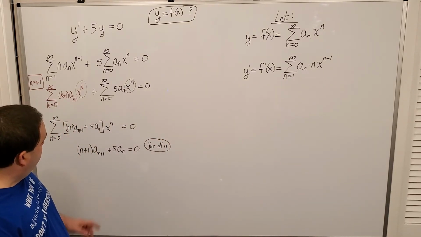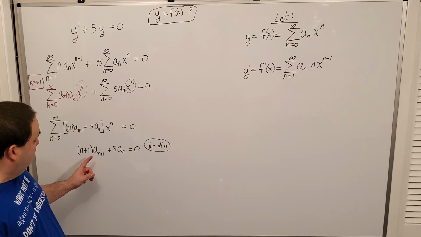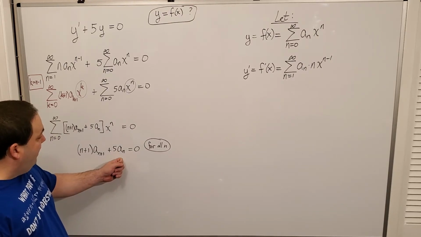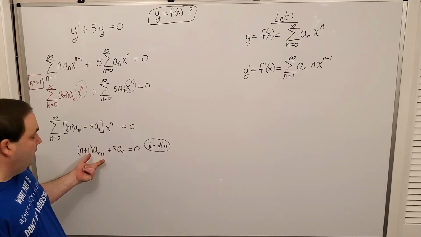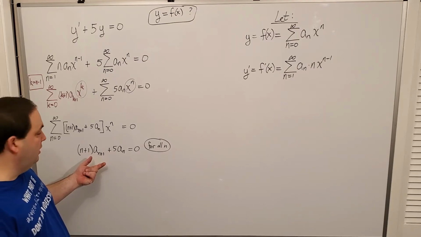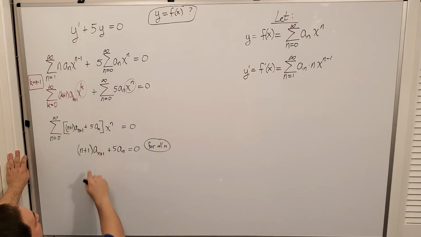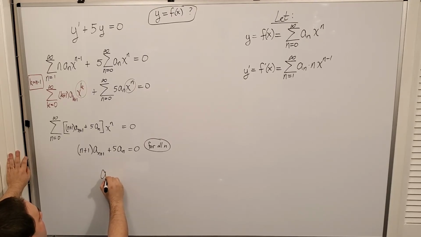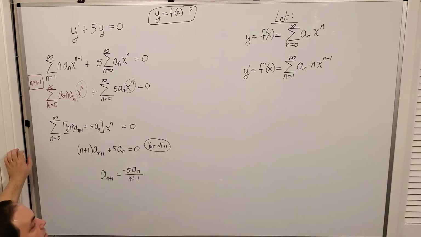Okay, so then this is a recursive statement. What this means is if I know one of the values, like if I know a sub n, I can use it to calculate the next one, a sub n plus 1. So in that light, I solve for a sub n plus 1. A sub n plus 1 is going to be negative 5 a sub n divided by n plus 1.